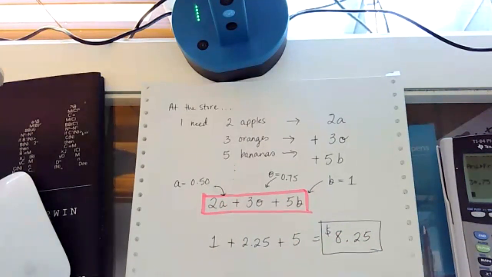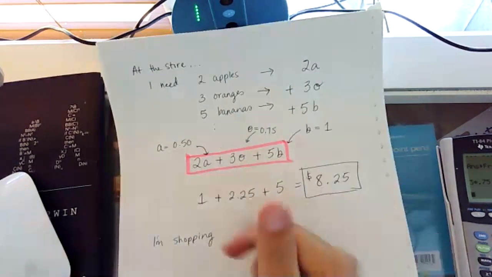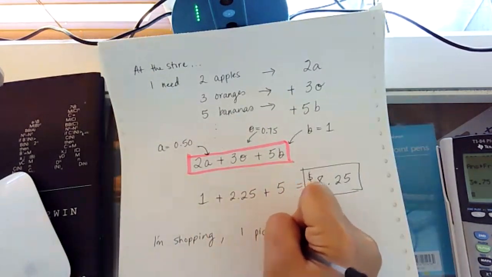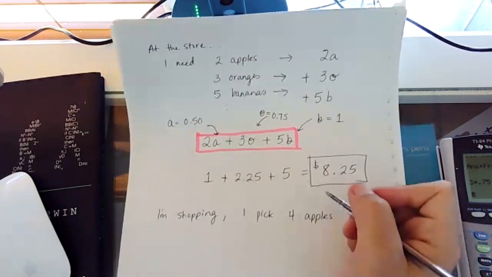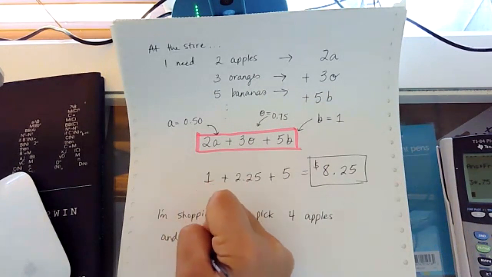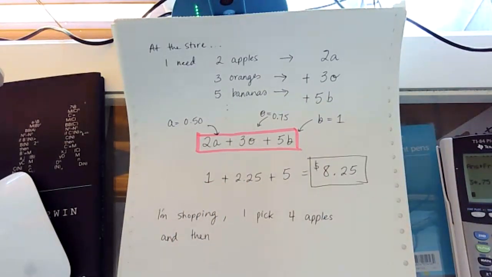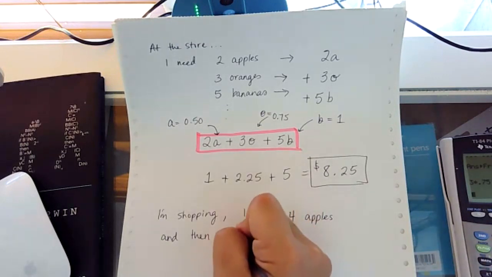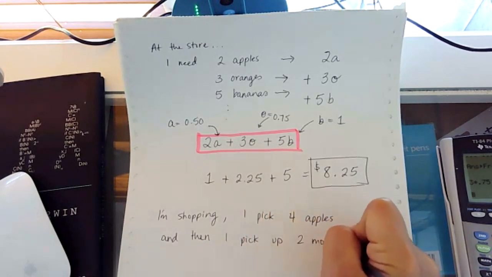So for instance, let's say I'm shopping and I pick 4 apples. And then I remember that maybe I have a guest staying with me and they like apples too. And so maybe I want to pick up a couple more apples for them. Then I pick up 2 more apples.